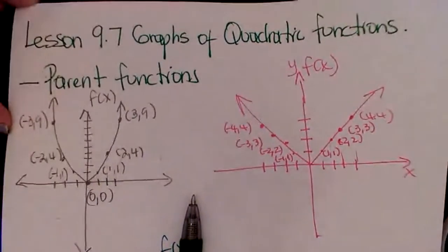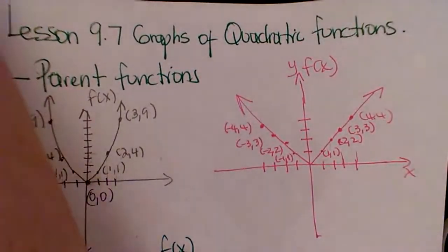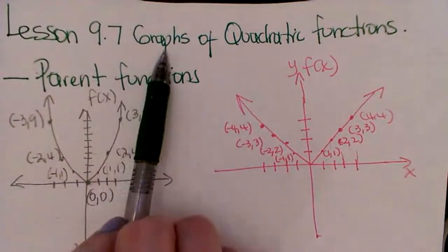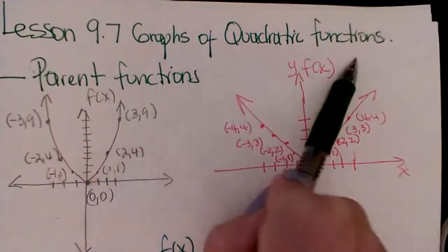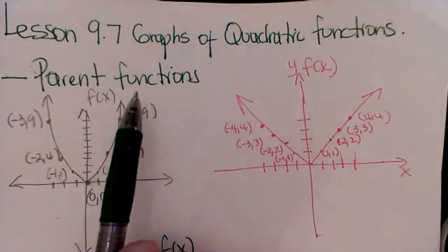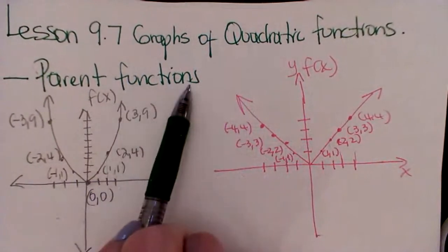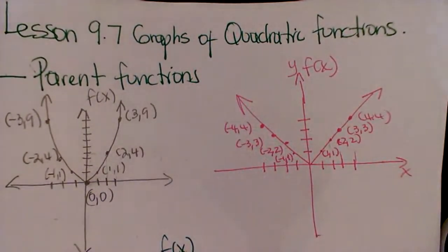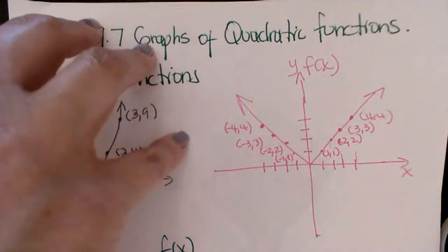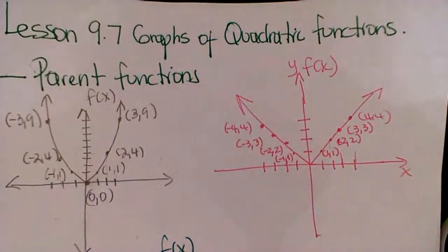All right, so we're going to start with lesson 9.7, graphs of quadratic functions. And we're going to be studying the parent functions. So for the first one, the question is, write an equation that describes each relation.